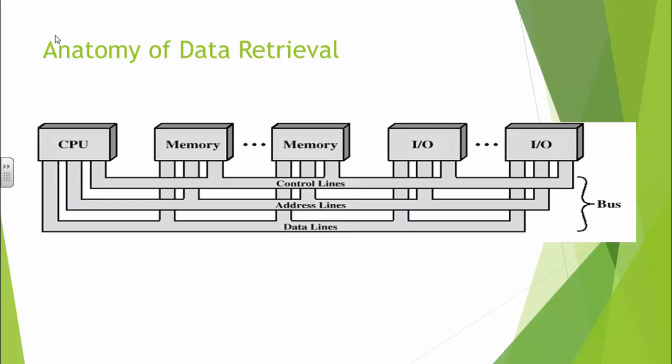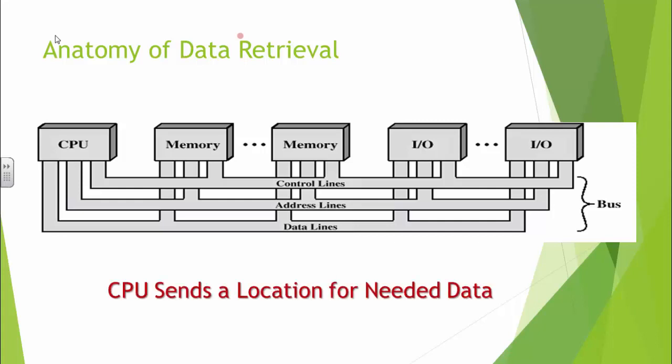So let's look at, for simplicity's sake, the retrieval of information from one location in RAM. So a CPU determines that it needs the information from a given spot in the RAM. So it sends the location for the data that it needs. And it sends these through the address lines on a given system clock pulse.